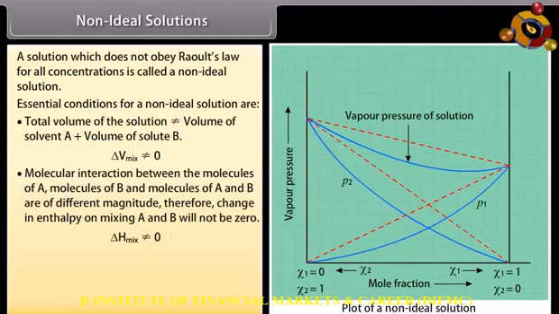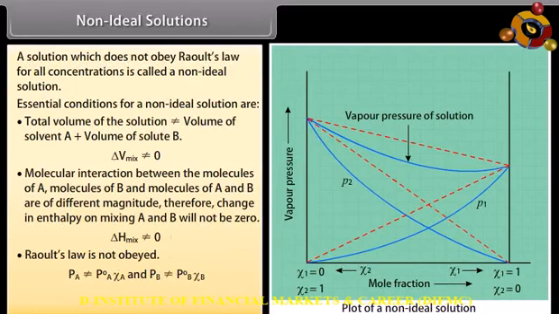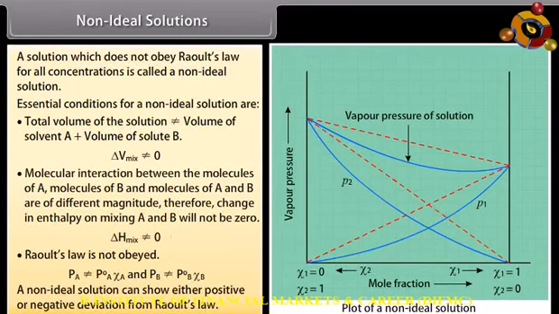Therefore, change in enthalpy on mixing A and B will not be zero. Raoult's law is not obeyed. A non-ideal solution can show either positive or negative deviation from Raoult's law.